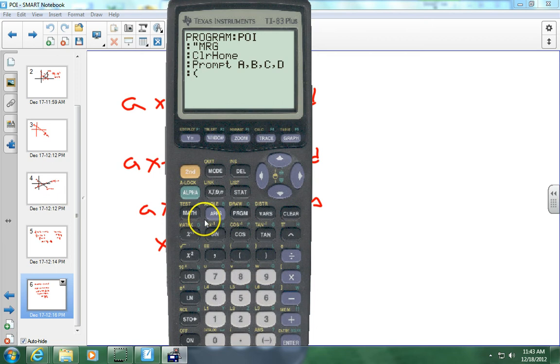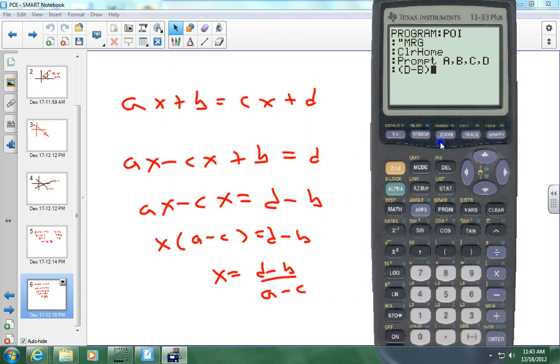Quantity, D minus B. Well, it's right here. Right, D minus B. In parentheses for the numerator divided by A minus C. Alpha A minus alpha C. Close the denominator and store that as what? That's X. Okay, boom.